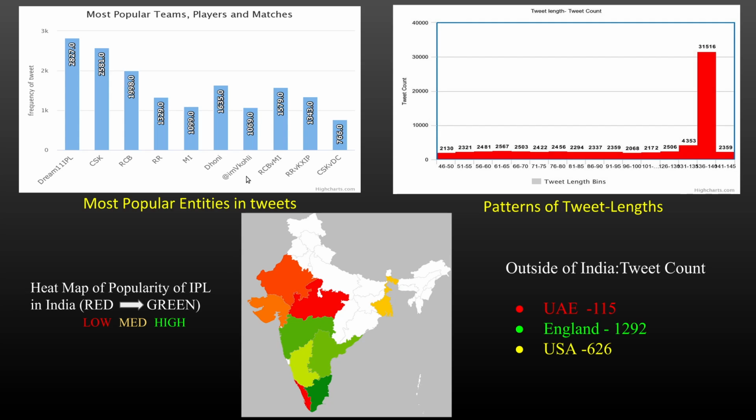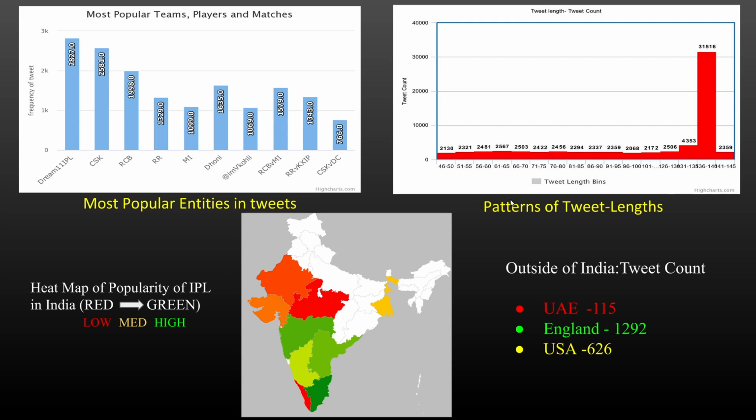We could also interpret the most popular matches in IPL, which are shown in the bar graph as RCB versus MI, RR versus KXIP.